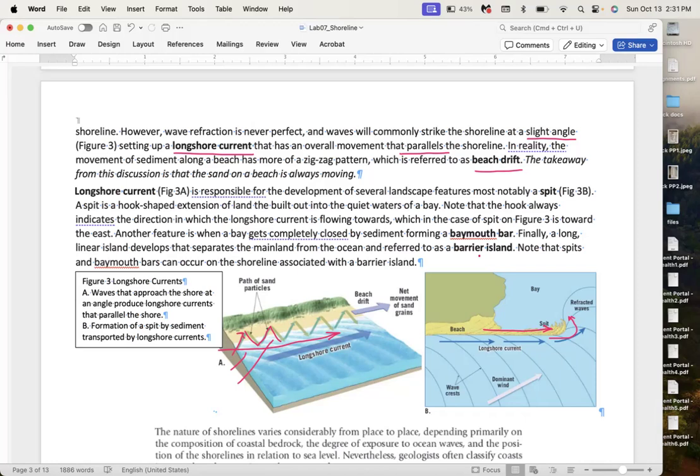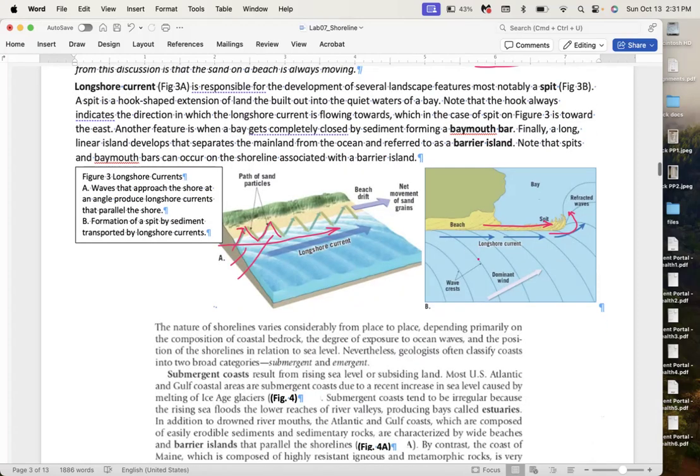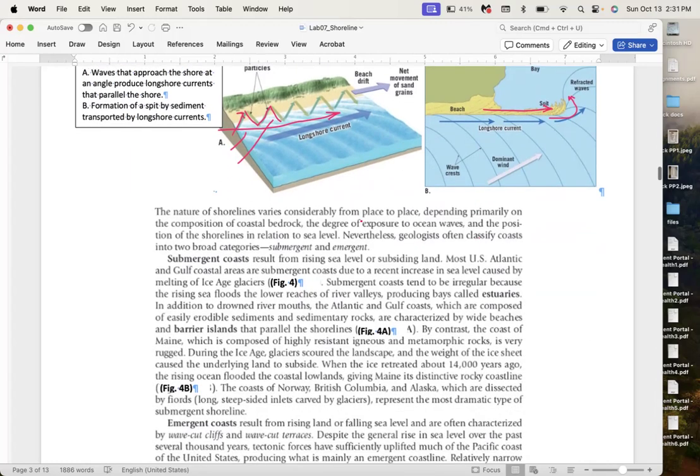So this might form a complete barrier across a bay, and that's called a bay mouth bar. Also, sometimes it's connected to or forms a barrier island. We have a lot of those along the Texas coast and along the southern part of the Atlantic coast. So I also want you to think about submergent coasts.